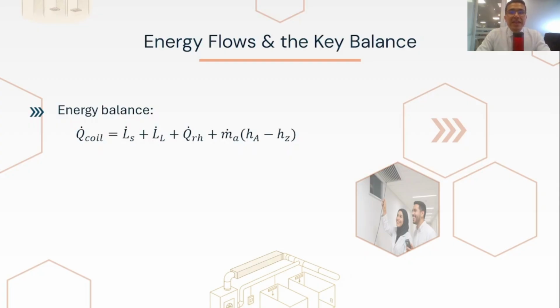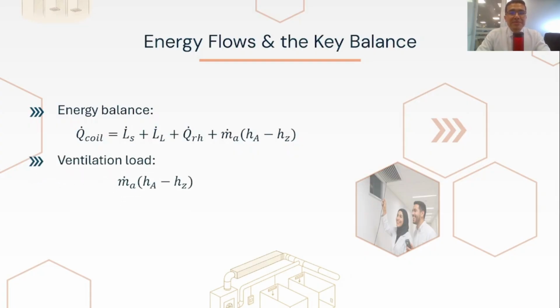Here the LS and the LL are the sensible and latent zone loads, and QRH is reheat. And the last term is the ventilation contribution from mixing outdoor air with return air.